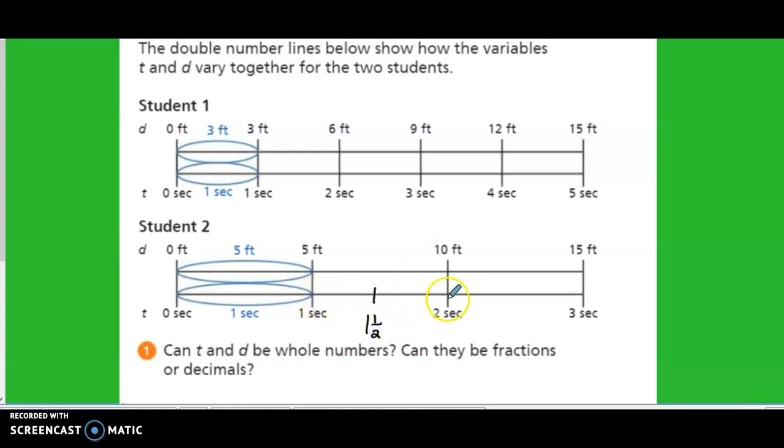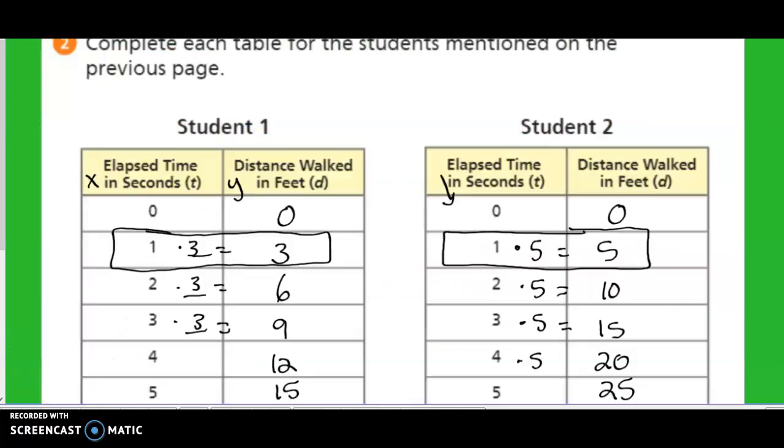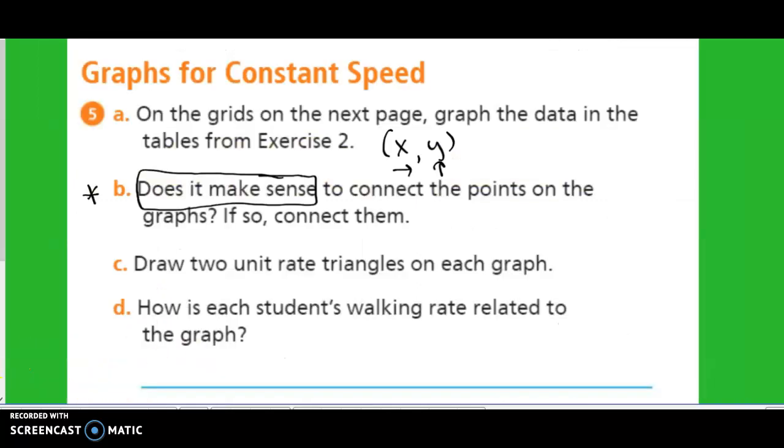Even though that's not a point I put on the number line, even though it's not a value in my table, could I find the distance in fractional seconds? And if you can answer yes to that question, if I can record fractional values or decimal values, then you should connect the points.